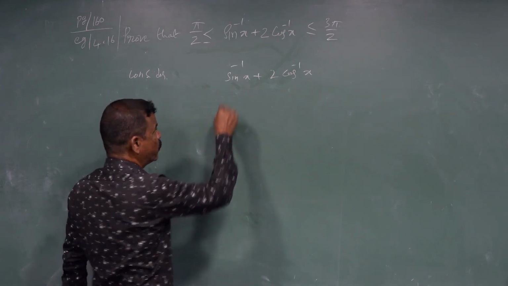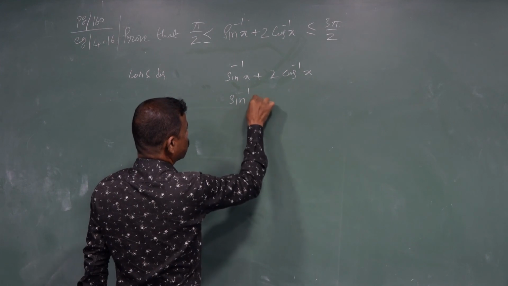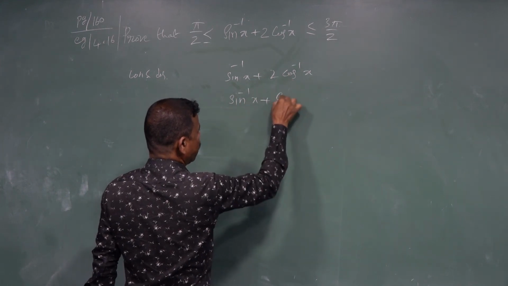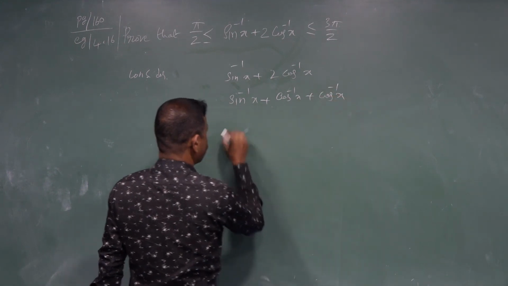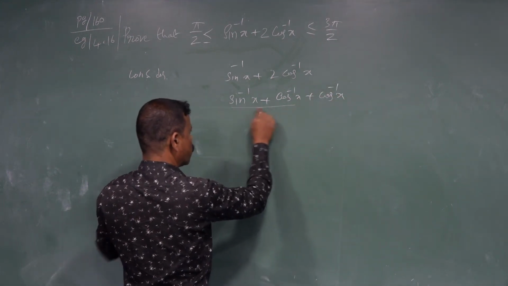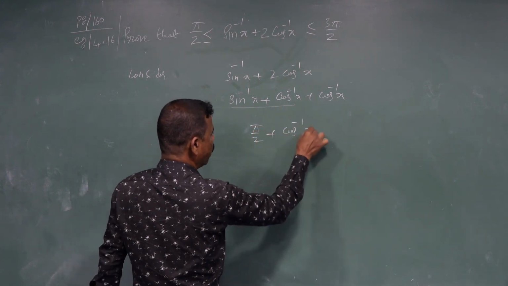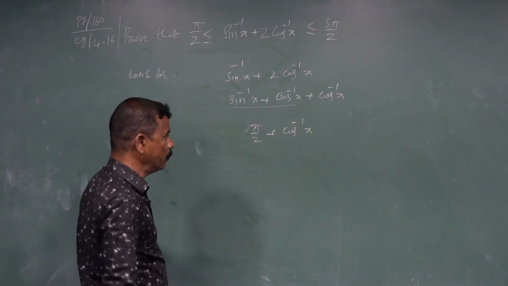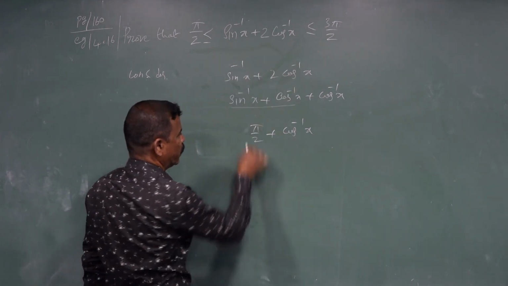This is written as sin inverse x plus, splitting the 2 cos inverse x into one more cos inverse x, so sin inverse x plus cos inverse x, value pi by 2, plus cos inverse x. This is equal to sin inverse x plus 2 cos inverse x.